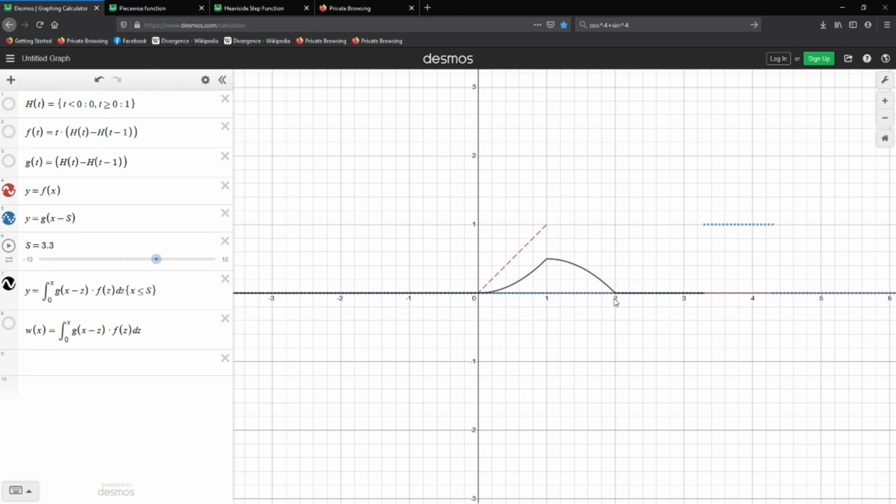You see the domain of dependence of the black function is larger than the domain of dependence of the two individual functions that we started with. Furthermore, the function is actually smoother than both of the two original functions. So the convolution is in some sense a smoothing operation, which is very cool.